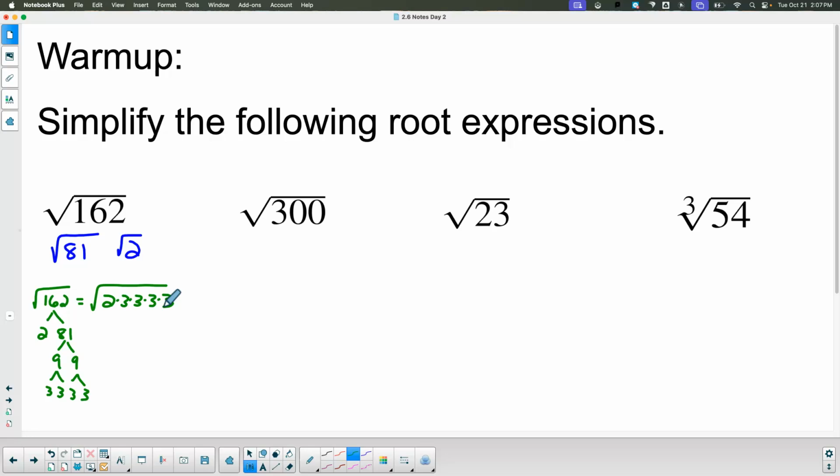Because we're talking square roots, I got to look for pairs. There's a pair, it comes out. There's a pair, it comes out. This one's not a pair, so it stays in. So either way, the square root of 81 is 9, 3 times 3 is 9. So we get 9 square roots of 2 for that one.